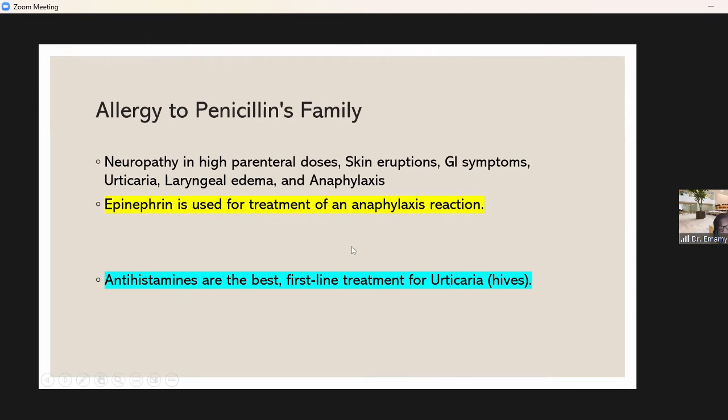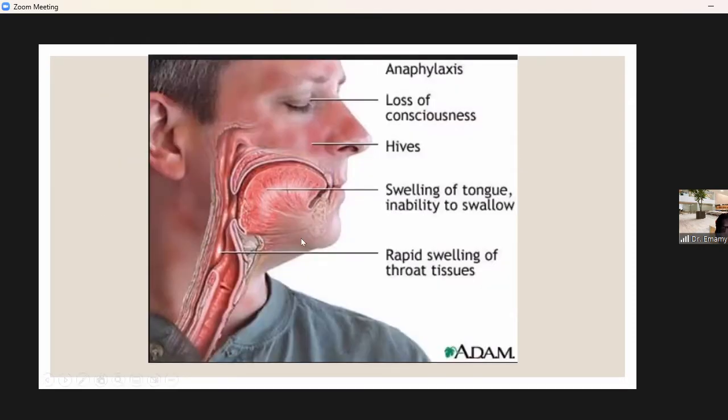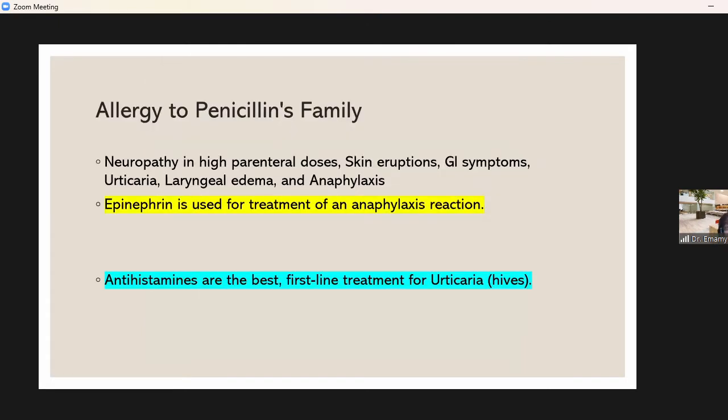But if the patient has anaphylaxis, what is anaphylaxis? The patient has swelling of the tongue, swelling of the respiratory tract, and cannot breathe. You hear wheezing when you listen to your patient's lungs. This patient has anaphylaxis and your treatment would be epinephrine. So depending on which type of allergic reaction you have to penicillin or other medications, you choose your treatment.